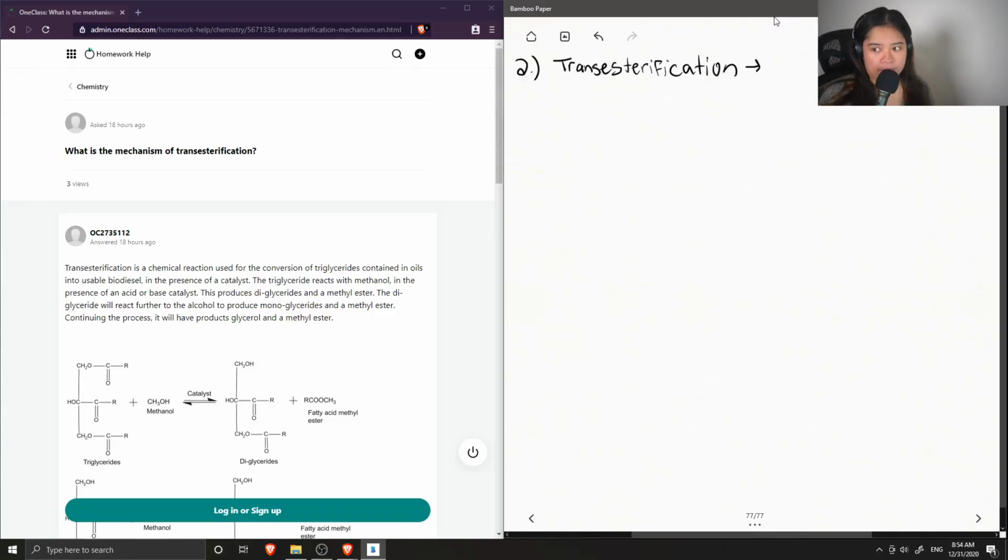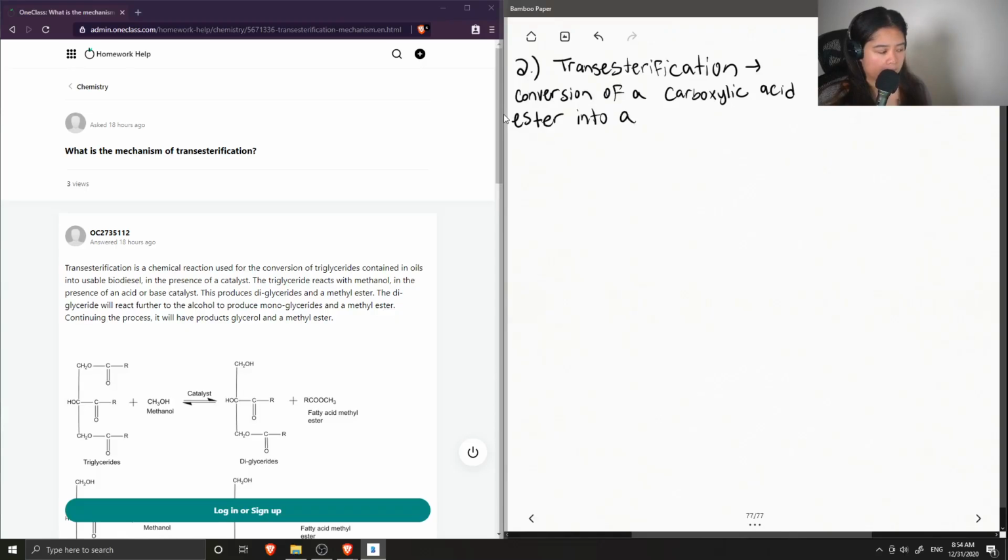But when we have a transesterification reaction, this involves the conversion of a carboxylic acid ester into a different carboxylic acid ester.